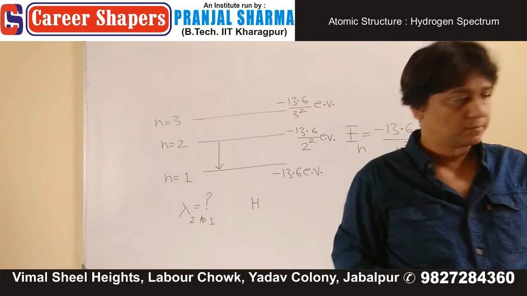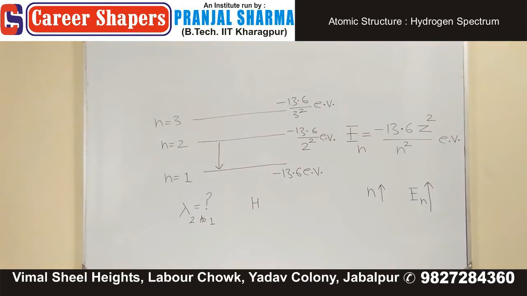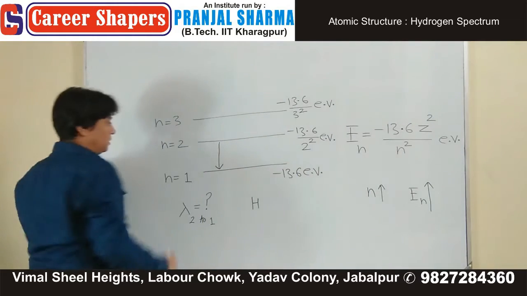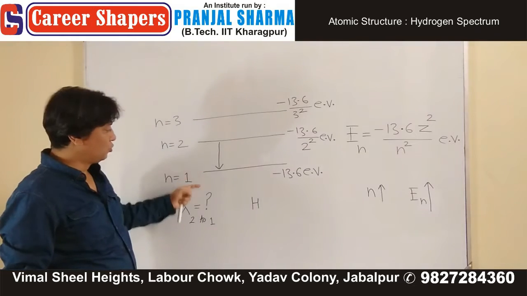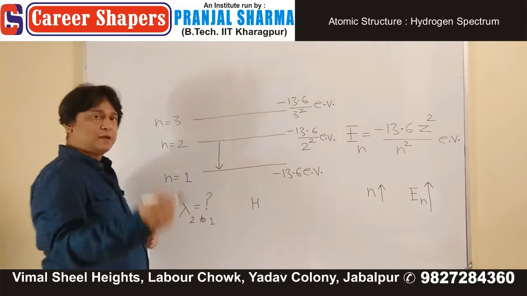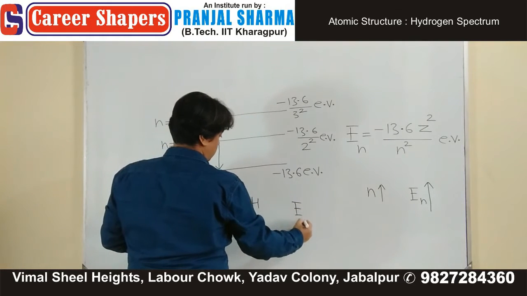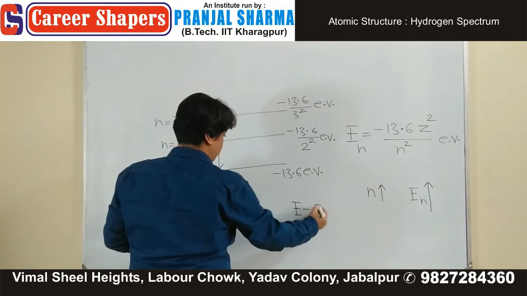So get me the value of lambda when the jump takes place from 2 to 1. If you are jumping from 2 to 1, then energy released is E2 minus E1.